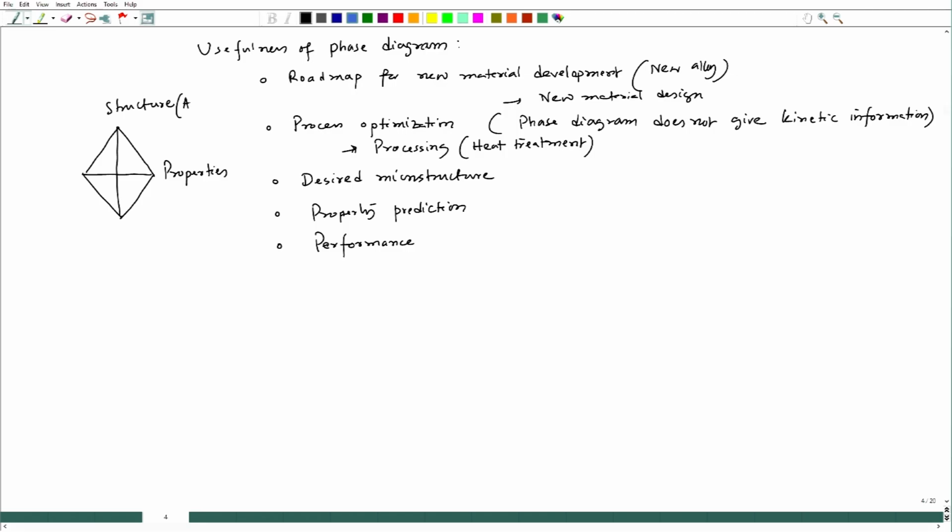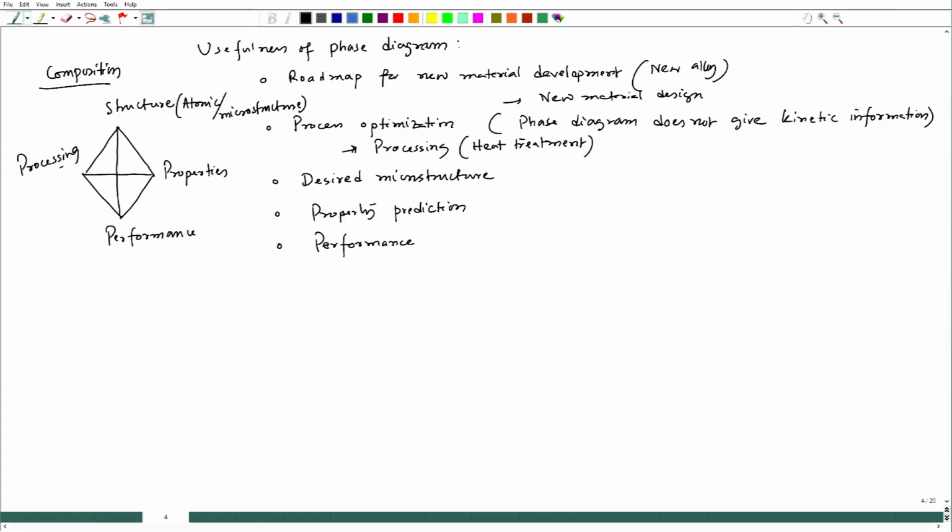Structure can be atomic, microstructure or macrostructure. And of course, one side would be processing. There is one more aspect, which is composition. That composition can also be built in with this materials tetrahedron, and whatever we have discussed falls within it.